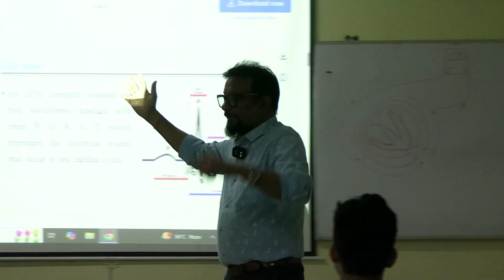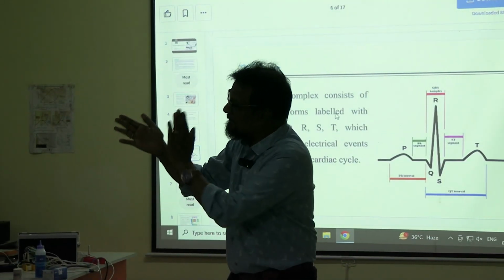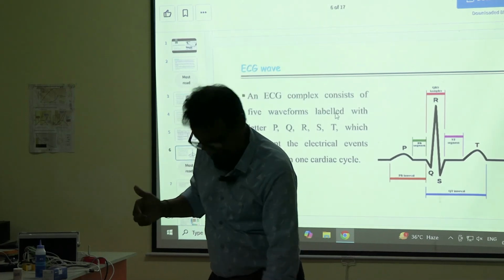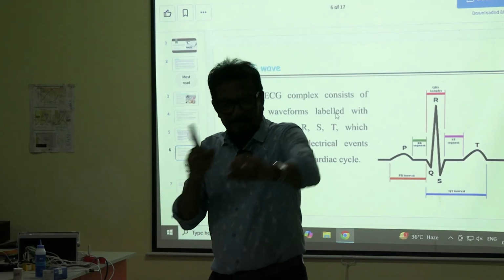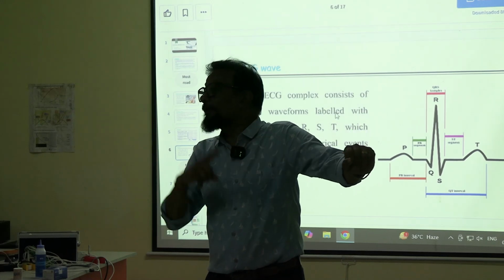Right arm, left foot. Again here negative, positive. This means this is positive, negative, negative, positive, positive. Very easy to remember. Positive is on the right hand only when I am recording lead 1. In lead 2, it will be negative here, positive there.